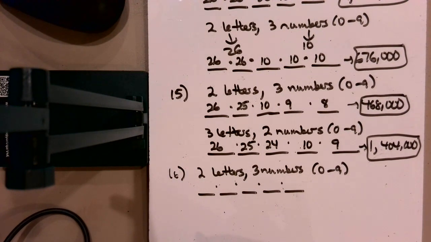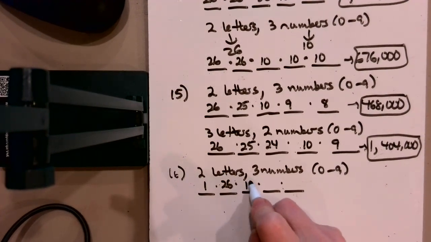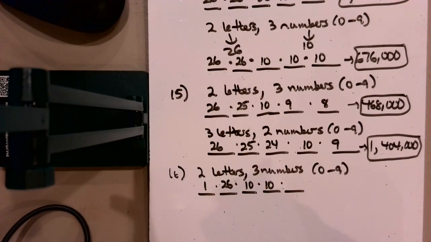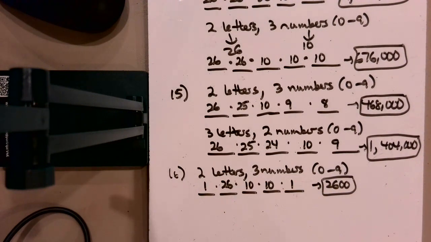When the first letter must be A and the last number must be 7 and repeats are allowed. So this can only be A, only one possibility. Then this can be any letter, 26, repeats allowed. So it could also be A. Any number 10, but the last number can only be a 7, so that's only one possibility. So that's going to make 2,600 possible passwords for that version of number 16.